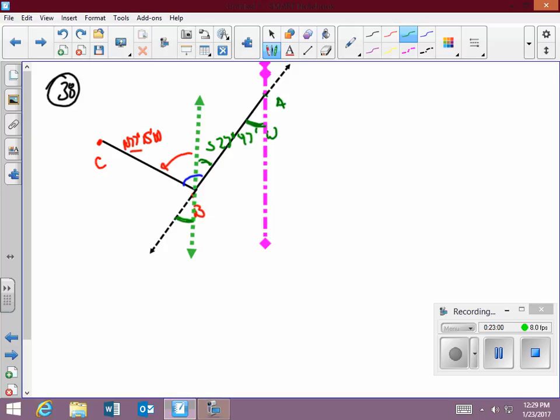And what you have is a 77 degree, 15-minute angle, and then a 27 degree, 47-minute angle, to make this angle right here.